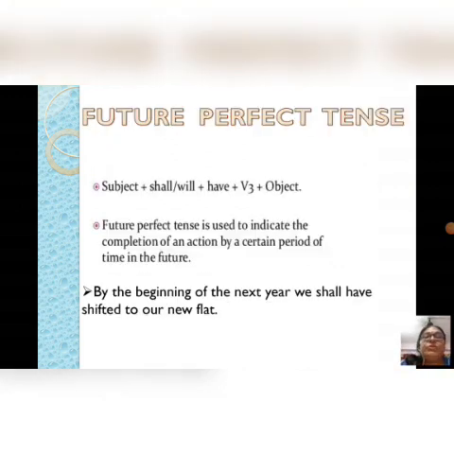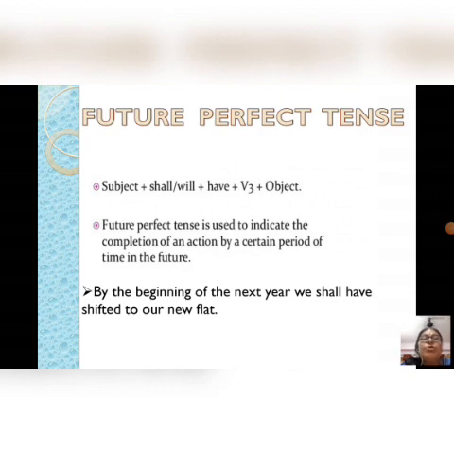Now future perfect tense. Future perfect tense is used to indicate the completion of an action by a certain period of time in the future. For example, you may use this tense in a sentence like this: by the beginning of the next year, we shall have shifted to our new flat.